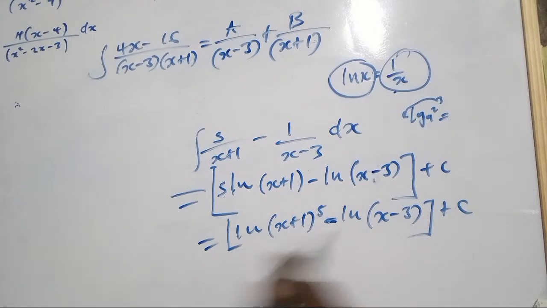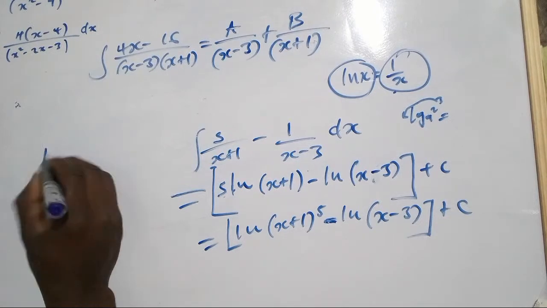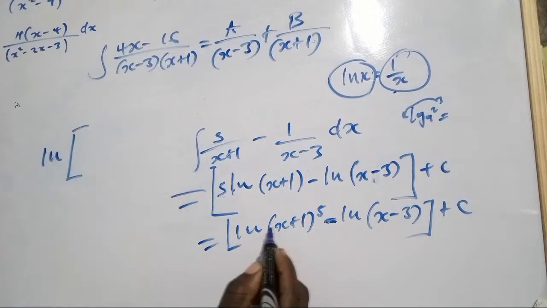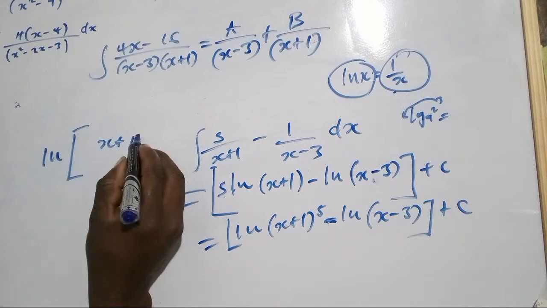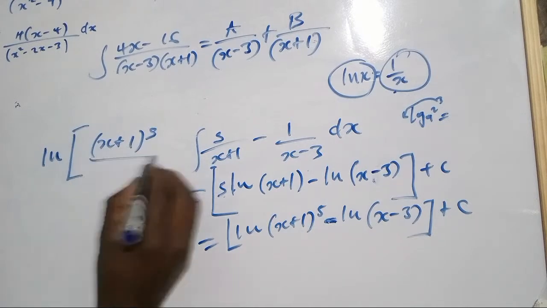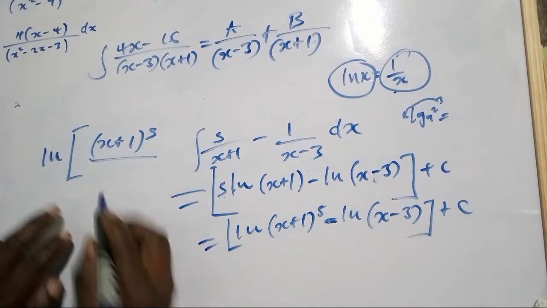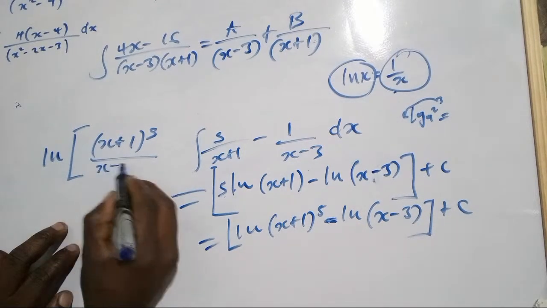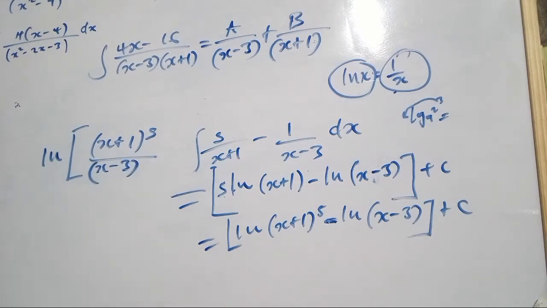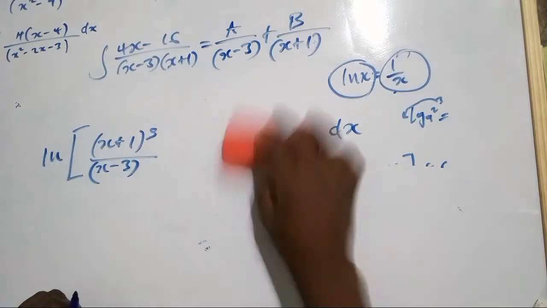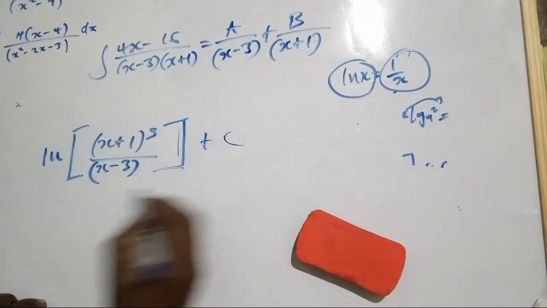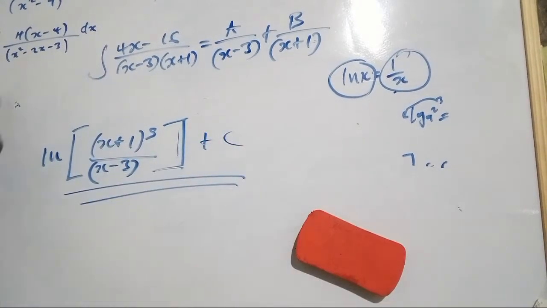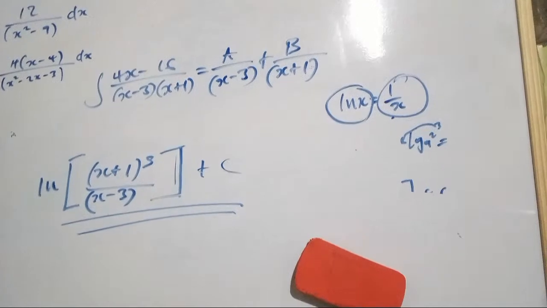So we're going to say natural log, then open square bracket, x plus 1 to the power 5 divided by this term which we're having here, which is x minus 3, close square bracket, then plus c. So this is our answer for this question when you integrate using partial fractions.